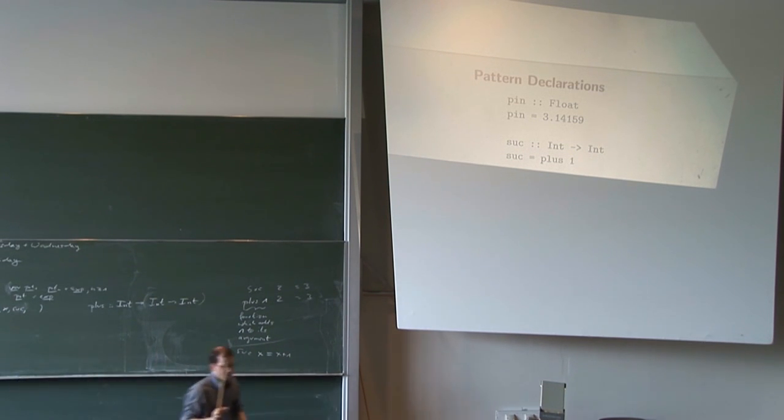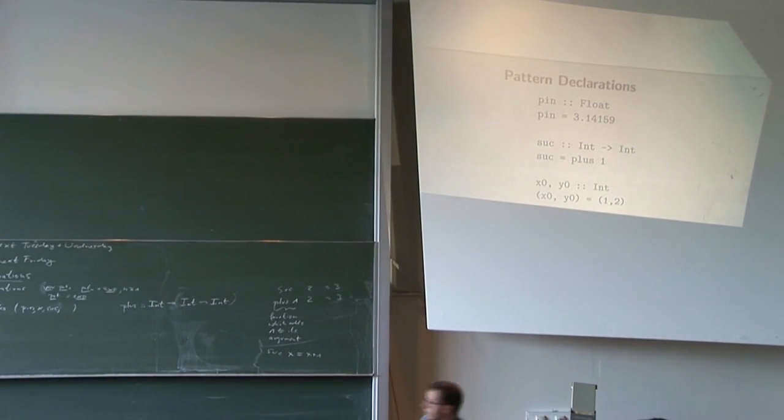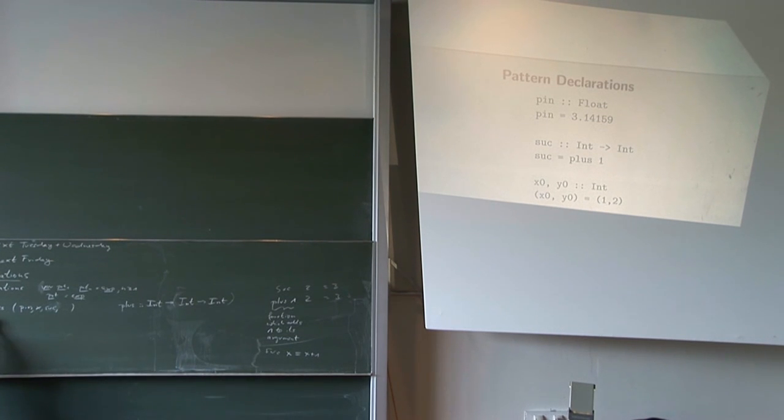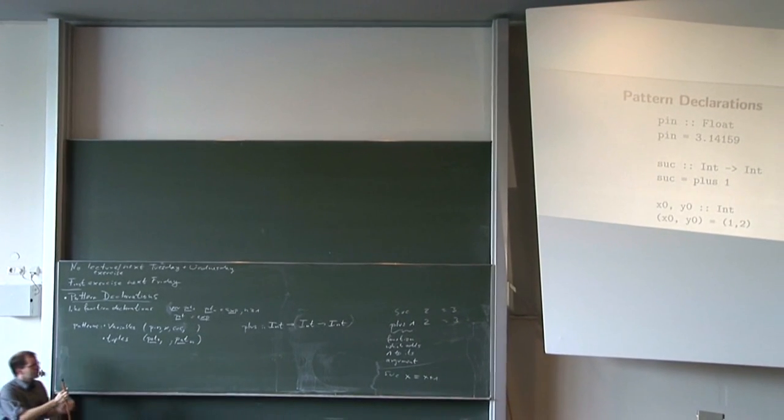Now we had variables as patterns, but there are other forms of patterns. For example, tuples are also patterns. So if pattern 1 and pattern 2 are patterns, then the tuple of pattern 1 and pattern 2 is a pattern as well. So the tuple of n patterns is also a pattern.